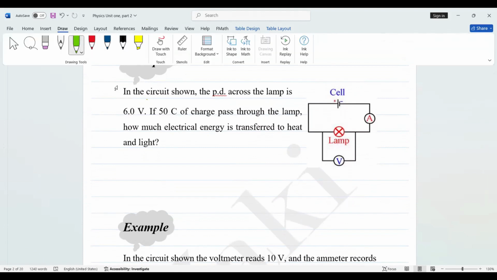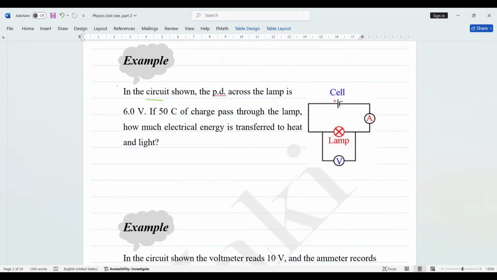In the circuit shown, the potential difference across the lamp is 6 volt. Then we have given V equals 6 volt.